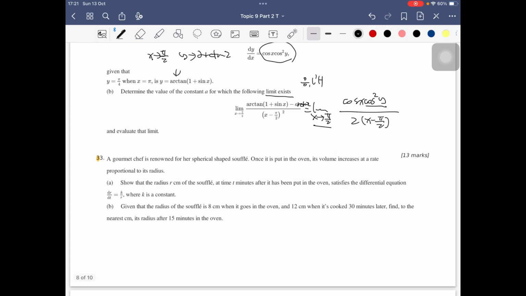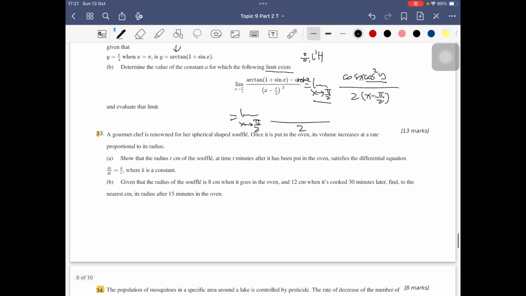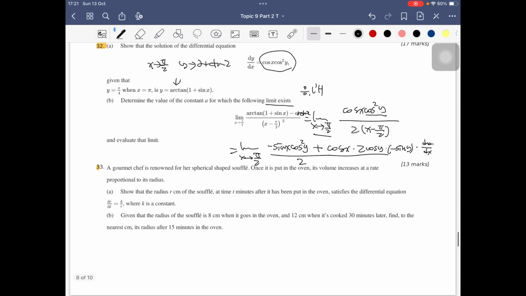So let's go further. I'll continue with this cos y because it's too complex to make it in terms of x. So here now we differentiate again. Cos x is negative sine x cos squared of y plus cos x times 2 cos y and negative sine y and dy over dx, because we find the derivative in terms of x.